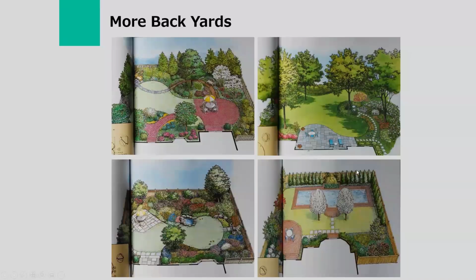More variations of backyard. Sometimes it's a symmetrical design as this, and sometimes it's extremely green, most green, very few pavement. And sometimes there are some very interesting spaces for the homeowners to use. Okay, just some very good inspirations to show the students.